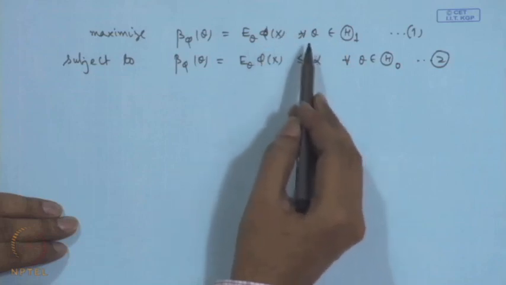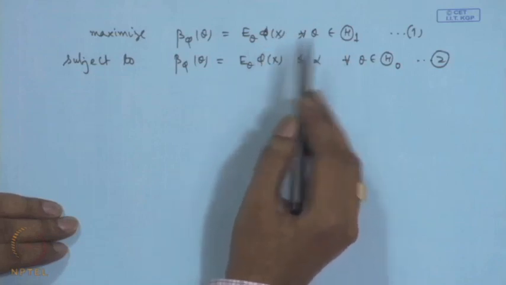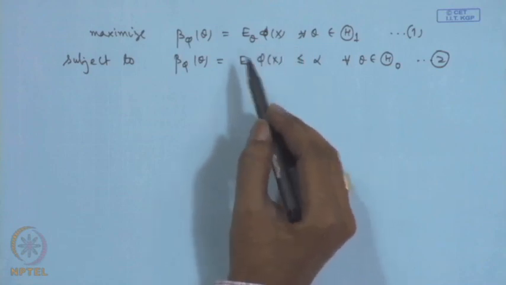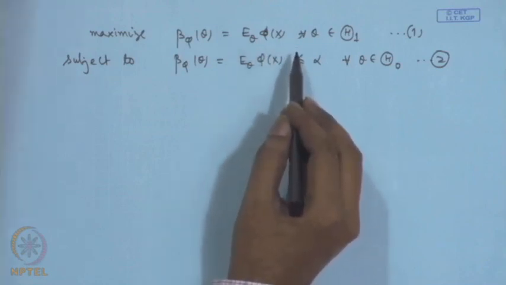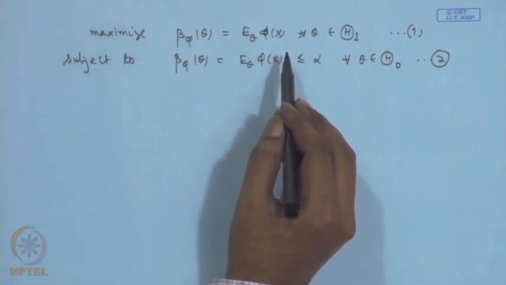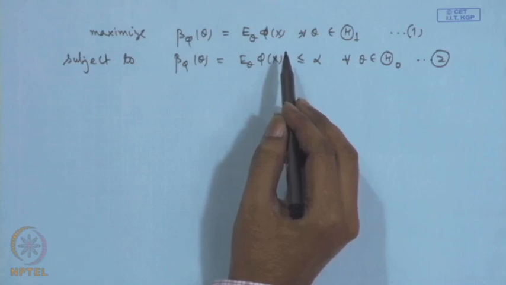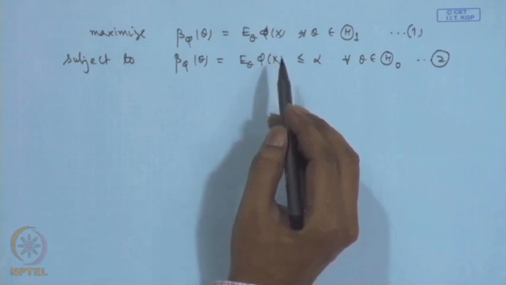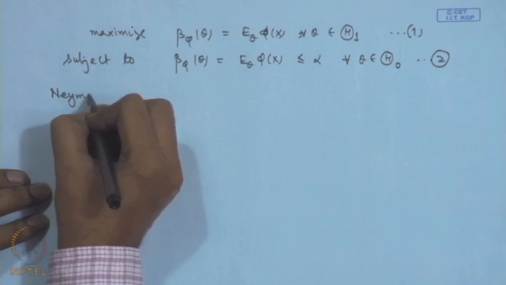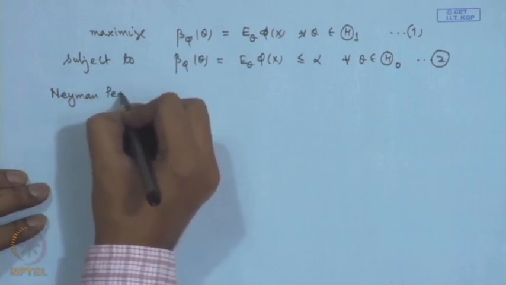So, the Neyman-Pearson theory solves this problem of hypothesis testing from this point of view. I introduce the first major result in this direction, known as the fundamental lemma of Neyman-Pearson.